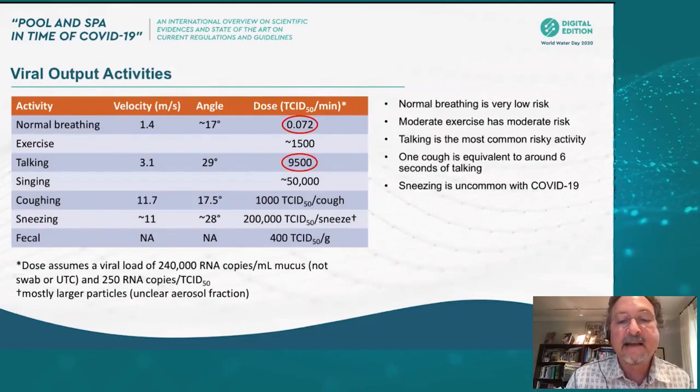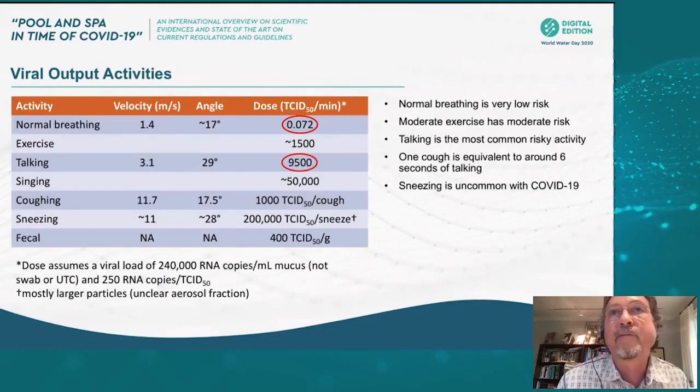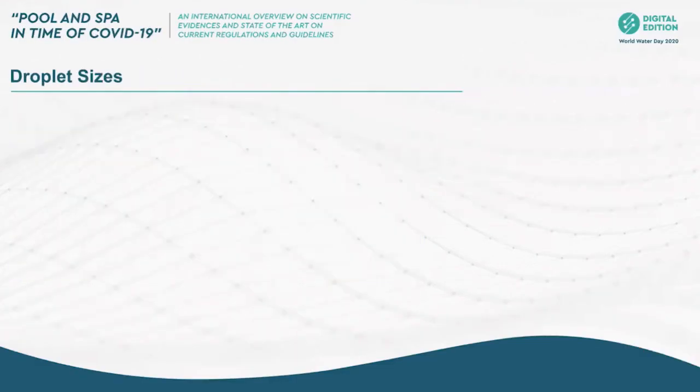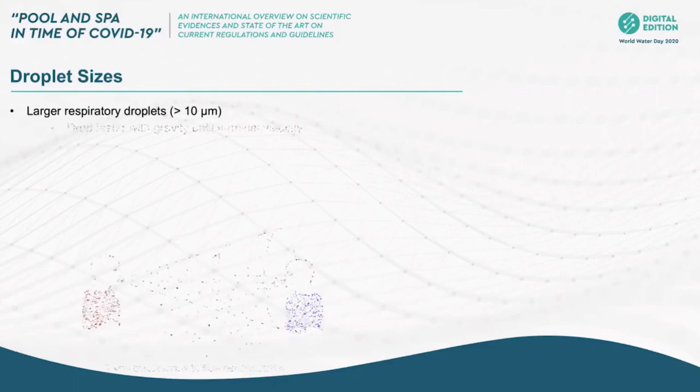I also listed and added the fecal part, which was part of what was used for the calculations for Martin in what I had given to him. So let's talk about the droplet sizes. The larger respiratory droplets are those that are typically more than about 10 micrometer in diameter.